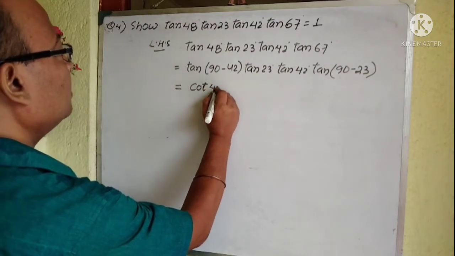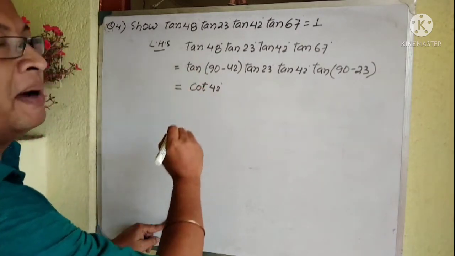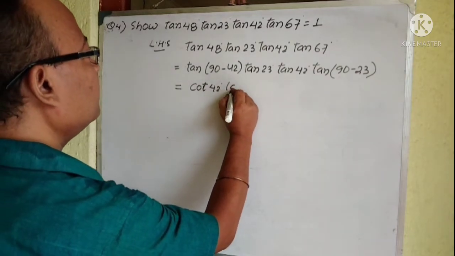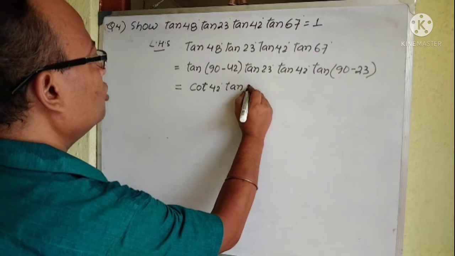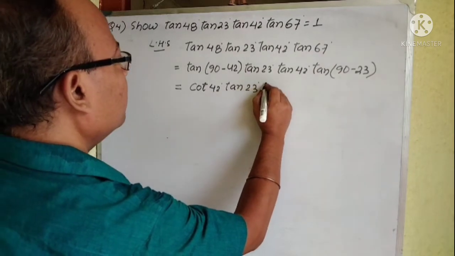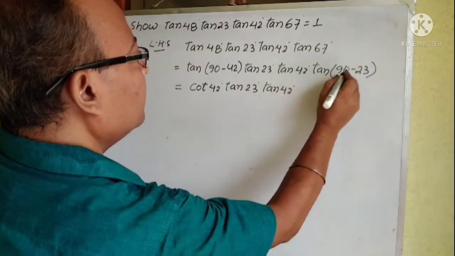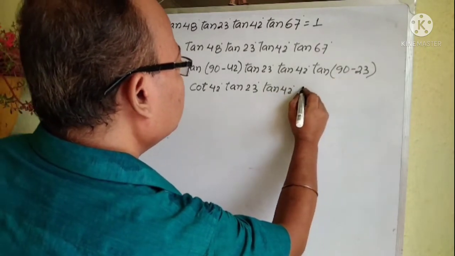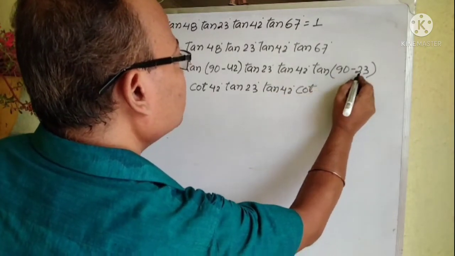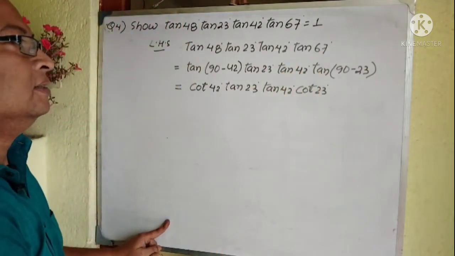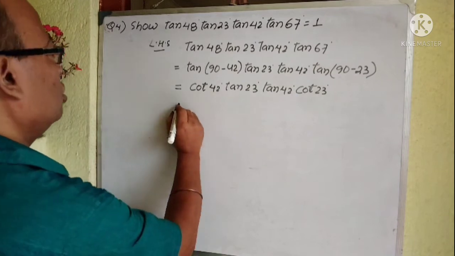Cot theta. We know. So tan 90 minus 42 degree is your cot 42 degree. Then tan 23 degree. Then tan 42 degree. Tan 90 minus theta is your cot theta. So theta is how much? 23. So cot 23 degree.